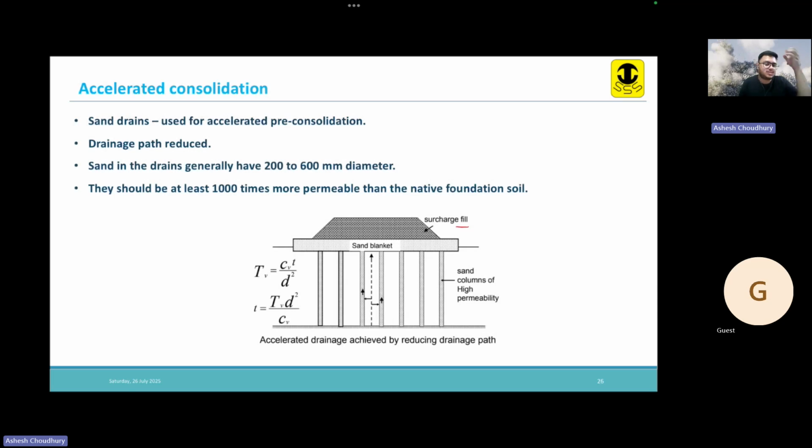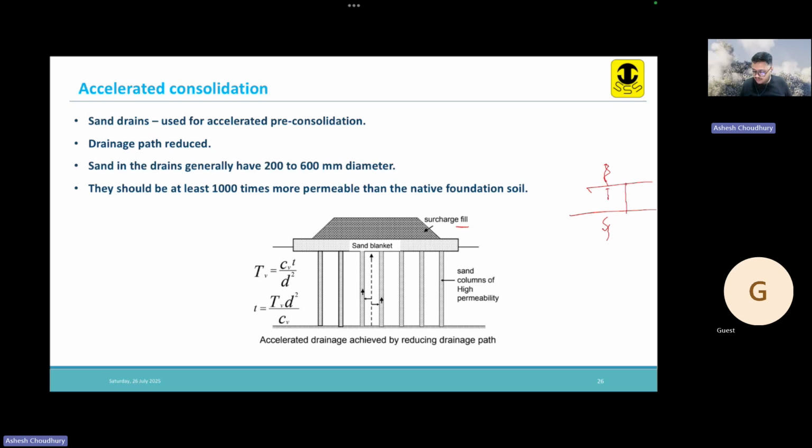So what happens due to the sand drains? The drainage path reduces. If you do not have sand drains, one water particle at the center can drain like this, or like this. With double drainage, one water particle at the center would have to travel this much distance to drain.